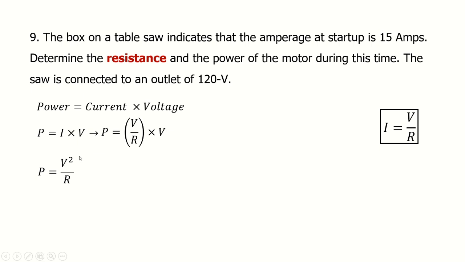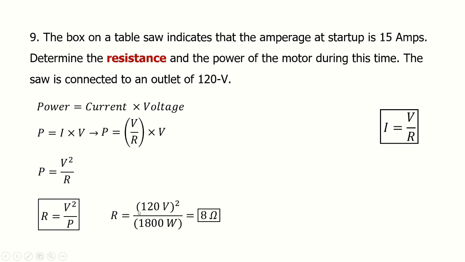Power is equal to voltage squared over R. We shift things around, so we get the formula for R. So that's going to be 120 volts squared divided by 1800 watts. Always use the watts unit here, not the kilowatts. Okay, so if we do the math, 120 squared divided by 1800, that's going to be 8 ohms.